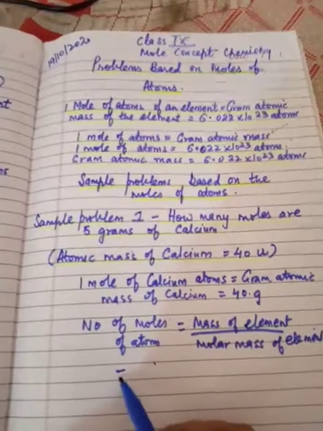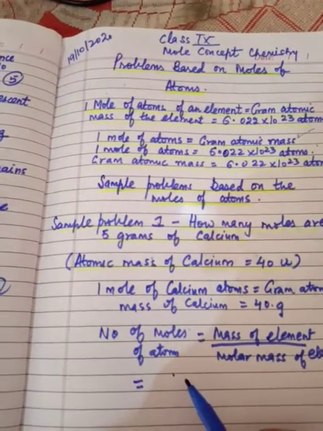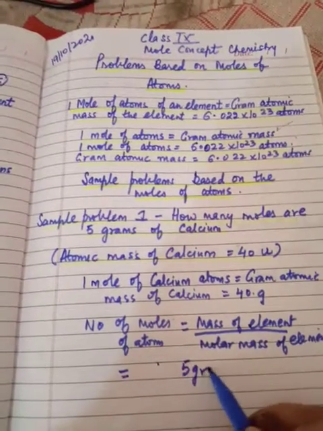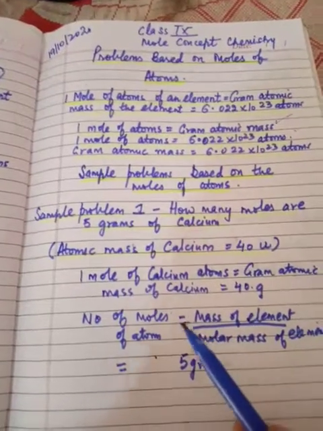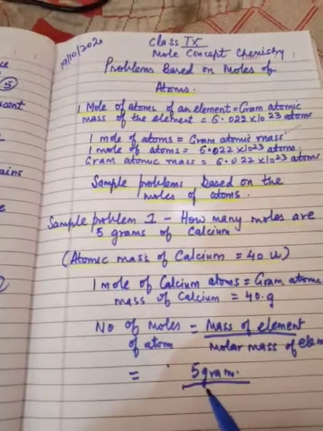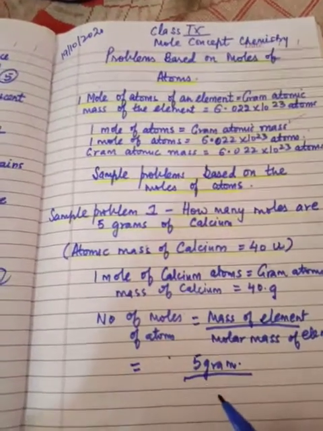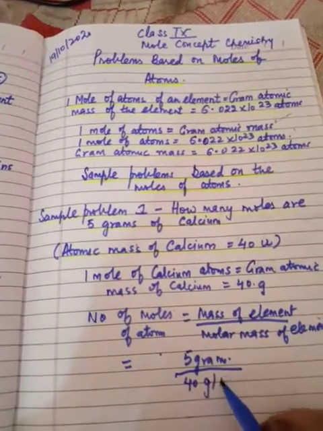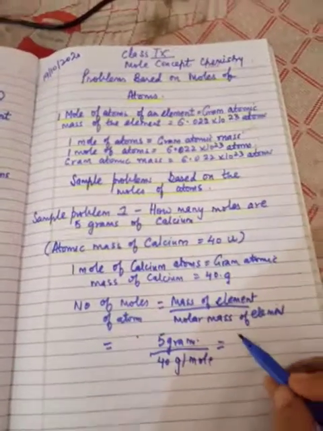So what is the mass of the element? Mass of element is 5 grams, that is given, 5 grams of calcium. And what is the molar mass of the element? Molar mass of the element is 40 gram by mole. So we will calculate 5 by 40.